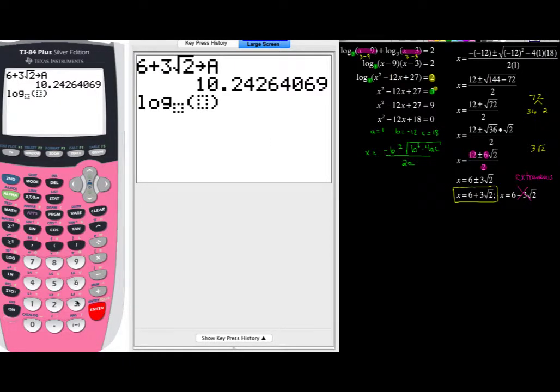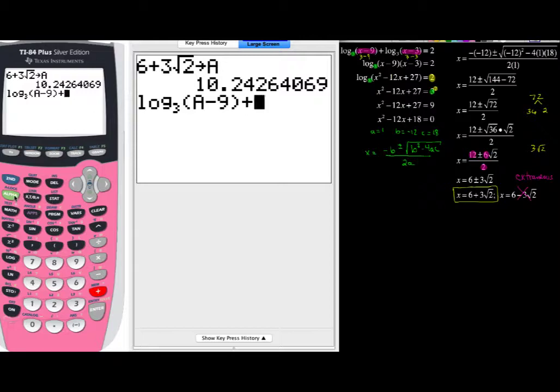From there, you just type in all the information that you need. Just be careful, instead of typing x minus 9, make sure we type in the value that we stored for A. So we do alpha A, which is our 6 plus 3 square root of 2, and then minus 9. Then we do the same thing again, plus log base 3 of x minus 3.